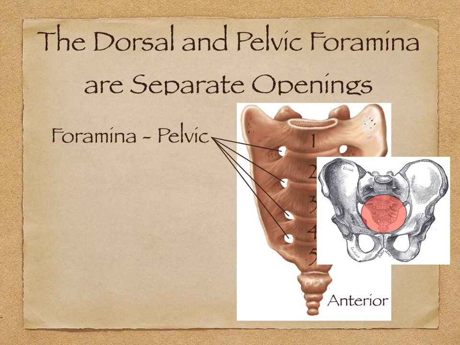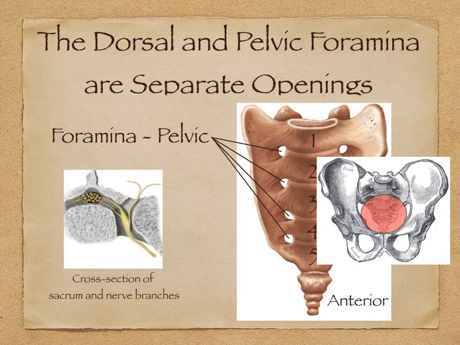The other thing that you can see is when we slice through in a cross section of the bone, you can see what would be where the spinal cord is. You can see it coming out to the lateral side, and then notice how there's a hole toward the back, and some of the nerve structure is coming out the posterior hole, and some of the other nerve structure is coming out of the anterior hole.